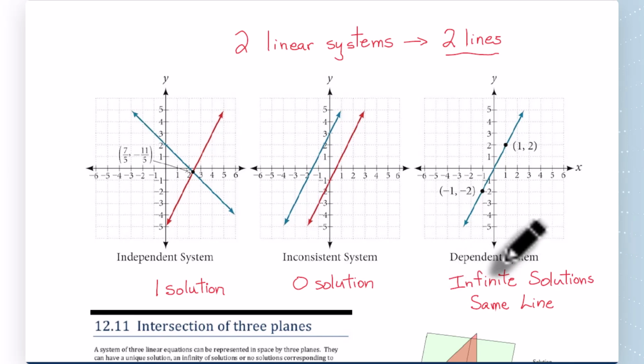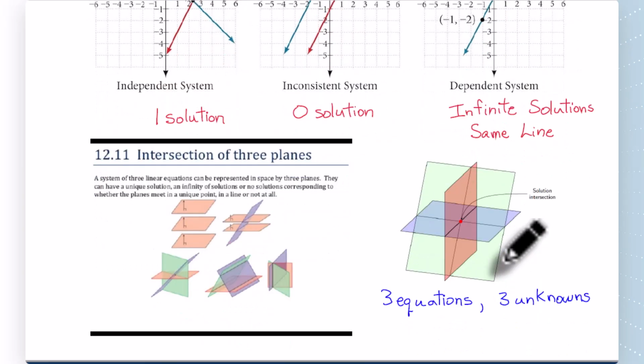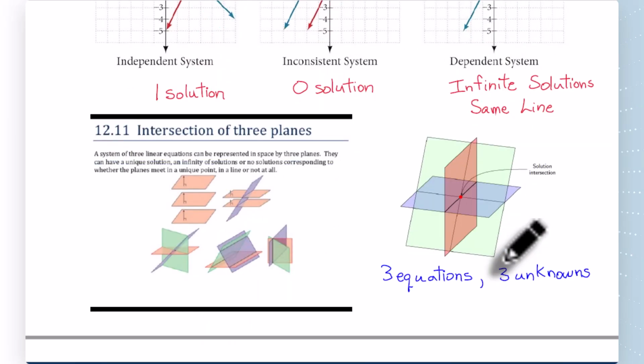Now, when you get to three equations and three unknowns, all kinds of complications can occur. Each of your equations are equations of a plane. So you might have three sheets of paper that never intersect.